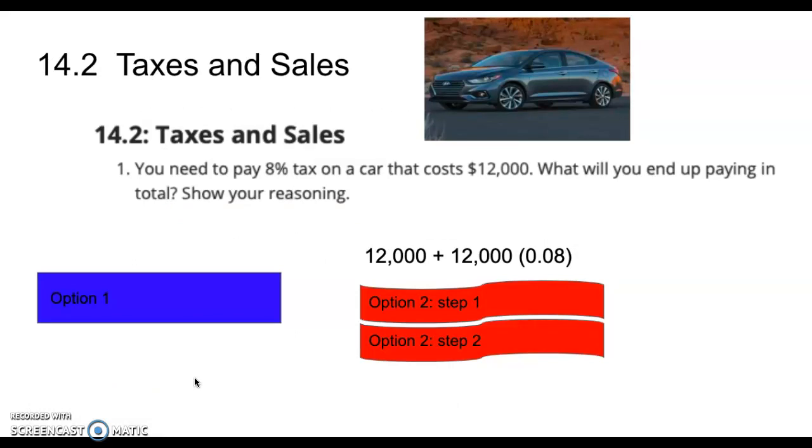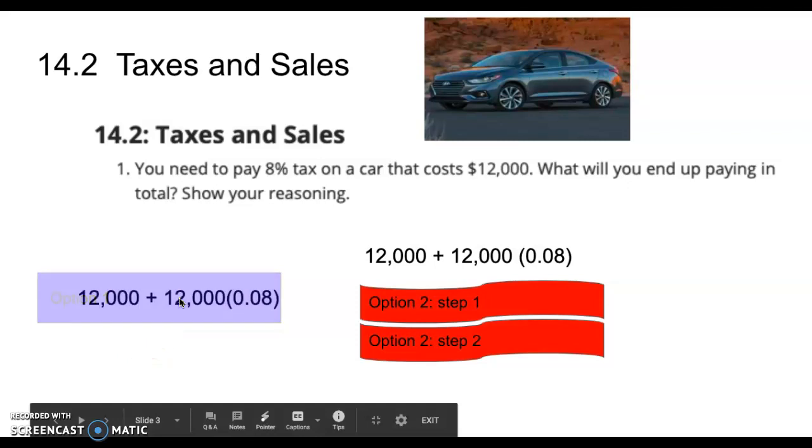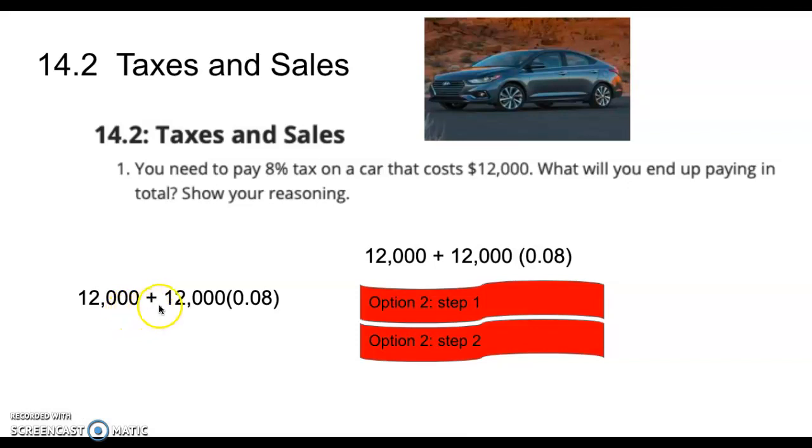So I'm going to go to the 14.2. The first question is, you need to pay 8% tax on a car that costs $12,000. What will you end up paying in total? Show your reasoning. So one way to think of this is take your original $12,000 plus you have to pay 8% on that $12,000.